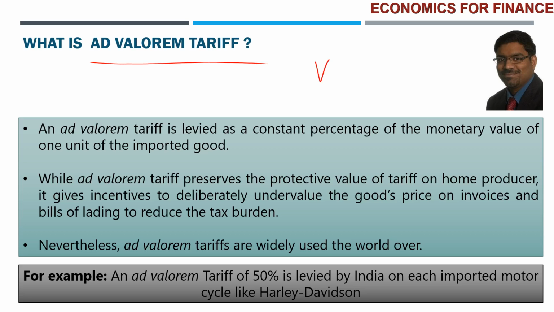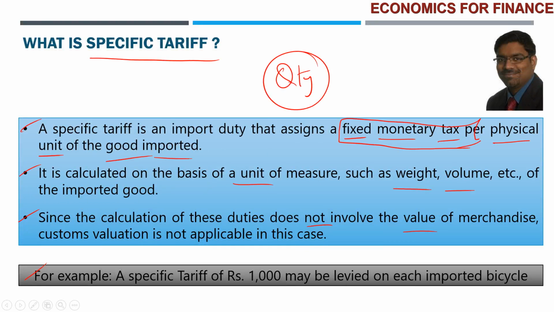So value based tariff is ad valorem tariff, which is the most popular one throughout the world. Tariff normally means ad valorem only, because specific tariff has its own limitations. The people might have different types of ways to escape it. Let us say, if the government says there is a specific tariff of 1000 rupees to be levied on each imported bicycle, seriously government said that.